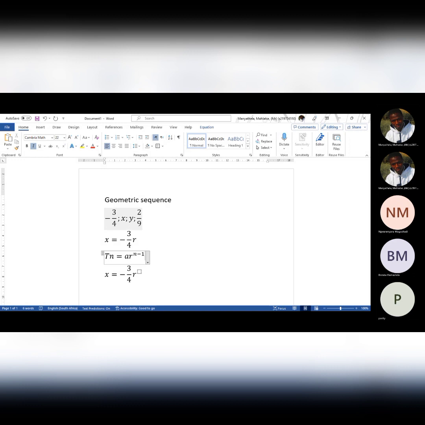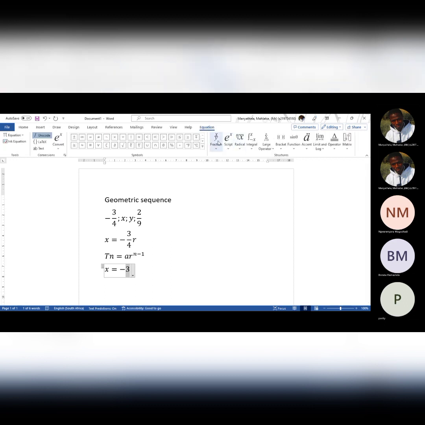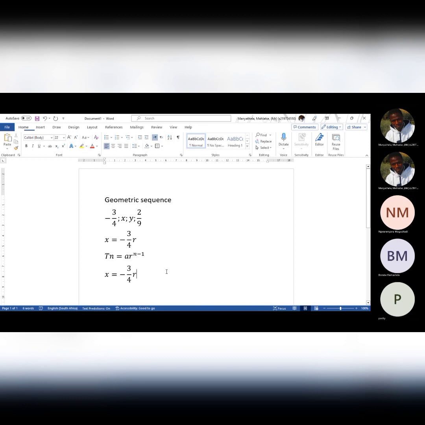It's up to you. So we remain with negative 3 over 4 r. That's how we got it.